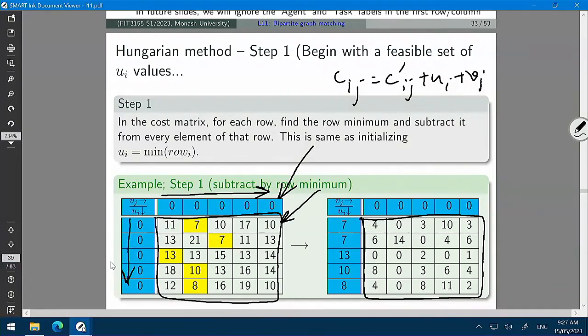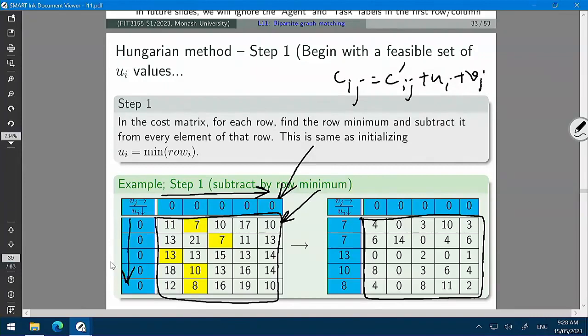Subtract each row by its minimum value. What's the minimum value in the first row? It's 7. The minimum in the second row is 7, third row is 13, fourth row is 10, fifth row is 8. Is that clear? If I subtract it, in the parallel universe I'm adding that value to Ui. Why?